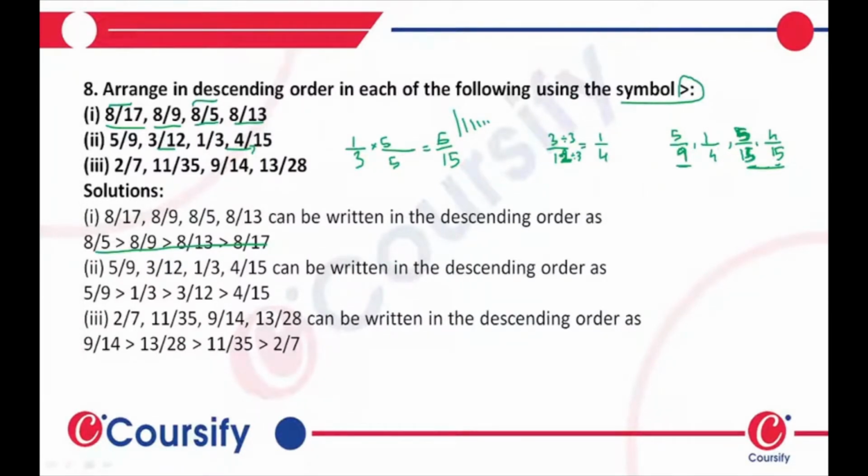But 1 by 4 is bigger than 4 by 15 actually. So this will be the answer. 5 by 9 will come first because that's the biggest, then 5 by 15, which simplified is 1 by 3, and then 1 by 4, which is 3 by 12, and 4 by 15 comes. This is the order in descending order.